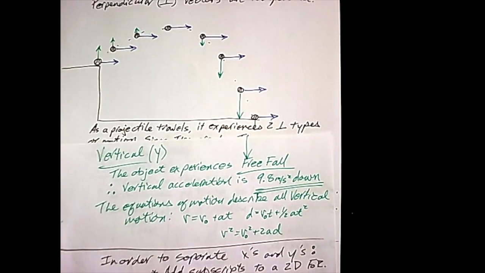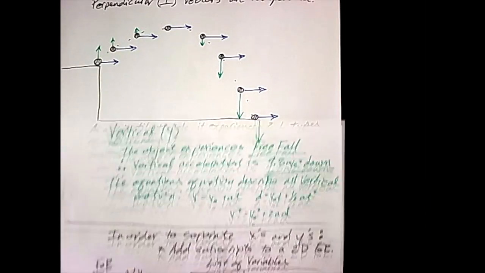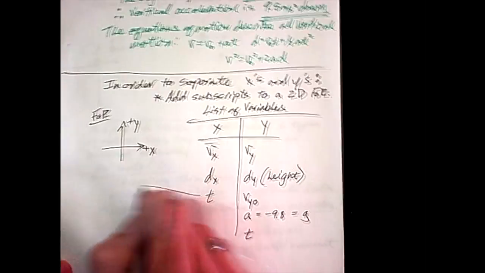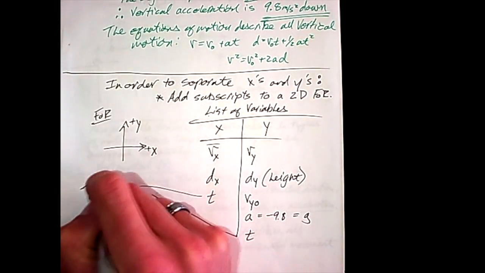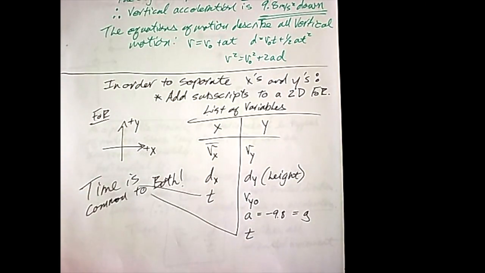Time is not a vector. It does not contain direction. Time is common to both directions. I have a question. Common. Time is common to both, because the time it takes the ball to go up and come back down is the time it takes to go across, because it does all of that all at the same time. Is that the last one?